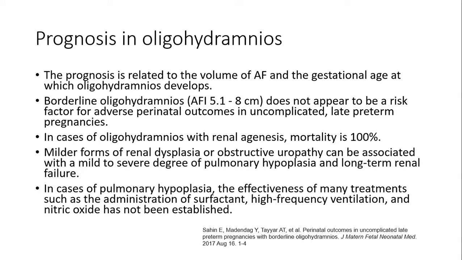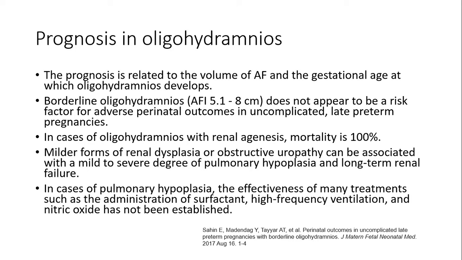What is the prognosis for such a patient? It depends. The prognosis is related to the volume of amniotic fluid. Borderline oligohydramnios, AFI less than 8 centimeters and up to 5 centimeters, does not appear to be of high risk for adverse perinatal outcomes.